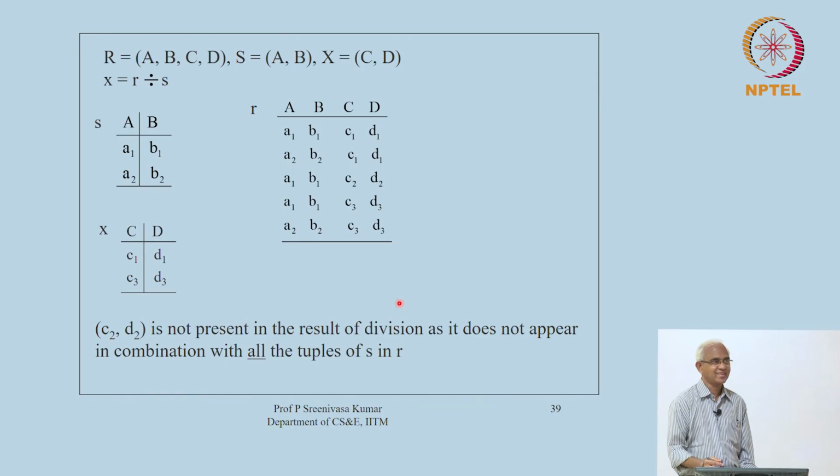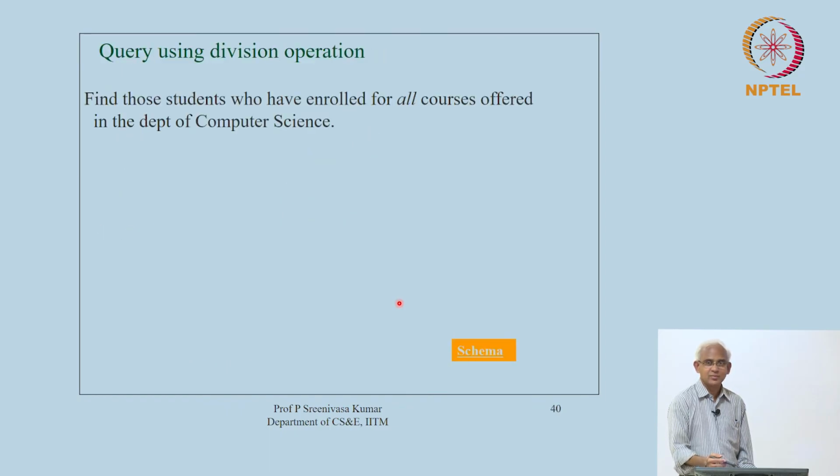Some time ago we used to have this interesting situation that the number of faculty was less, and so the number of electives were less. So the dual degree students ended up doing almost all the courses available in the department. Nowadays it is not really possible for many of you to do all the courses in the department. So find those students who have enrolled for all courses offered in the Department of Computer Science.